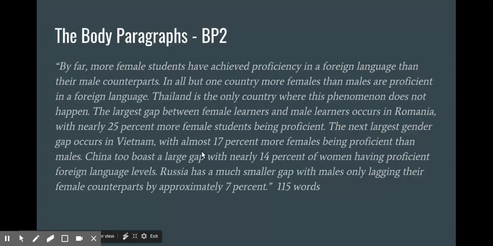So I say almost. So just about almost. And then Russia has a much smaller gap with males only lagging. Lagging means you're falling behind. So when you lag, you're behind. So I just wanted to give you guys some of those highlights there.